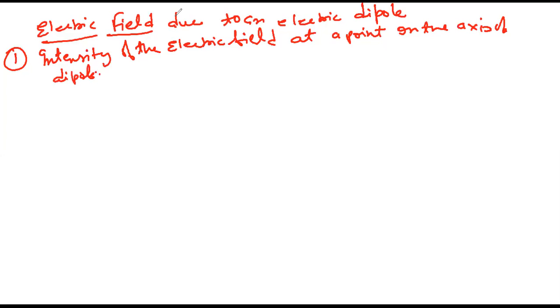In this condition, what you are going to do? Your dipole will be like this. This is minus Q, A is here, plus Q is here. Distance between these two, 2L. One point is P here. Here you have to find electric field.